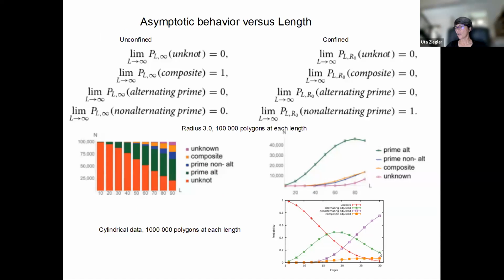We clearly can now see that the non-alternating knots decrease. And we will assume that with a lot larger things, the composites will decrease again too, because we think this is an overcount. So this data here kind of supports what we have here, in that we think the non-alternating knots basically will take over and all the other groups will vanish.